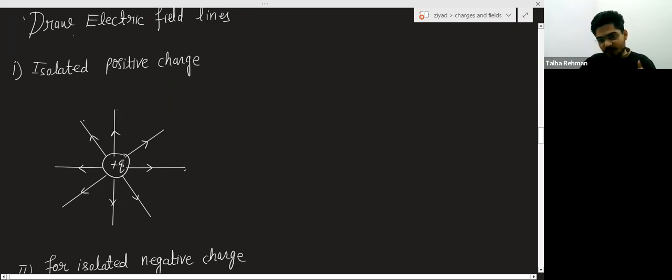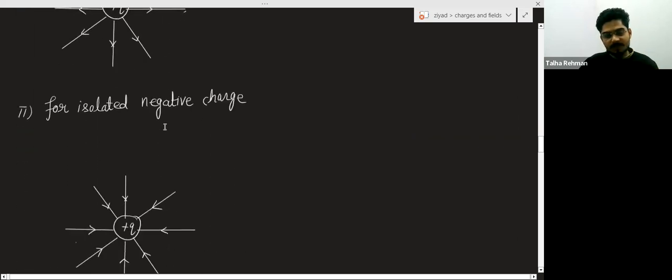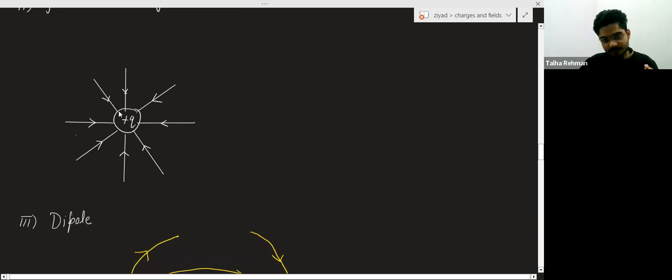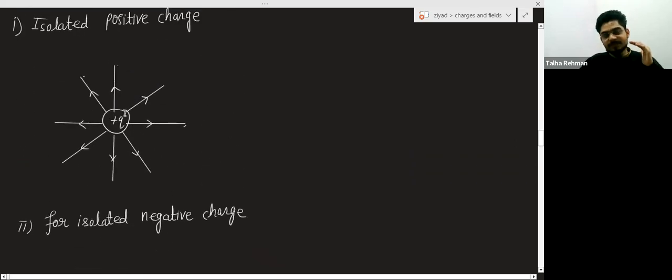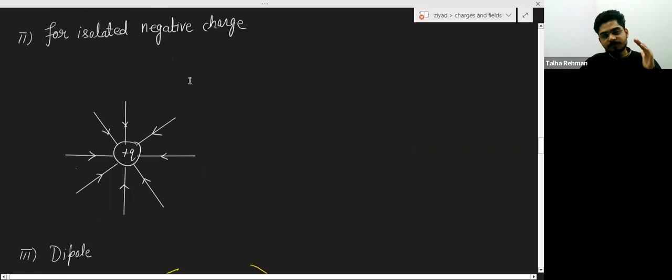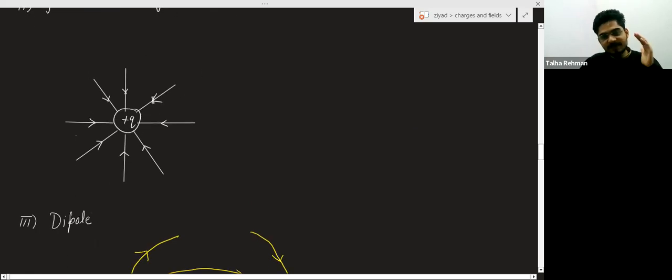So the electric field lines due to a single positive charge will be like this. It will have a spherical symmetry, you can say. For a negative charge, like this. For a positive charge, the electric field lines are emerging. For a negative charge, electric field lines are terminating or ending, you can say.